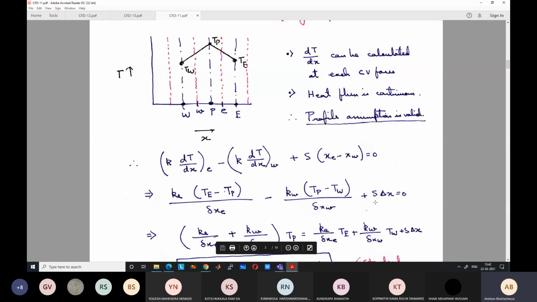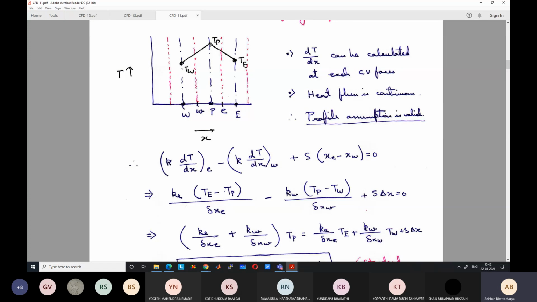We had seen later that instead of linear averaging, the harmonic mean is a better option. It is also there in the notes, we have already studied. So the interface values of k we can take in terms of the grid point values of k. So ke can be taken in terms of k at capital E and k at capital P. Similarly, kw can be taken in terms of k at capital W and k at capital P.